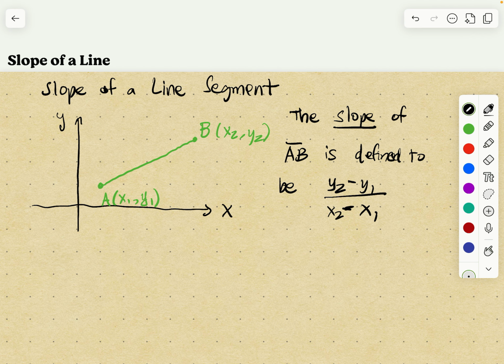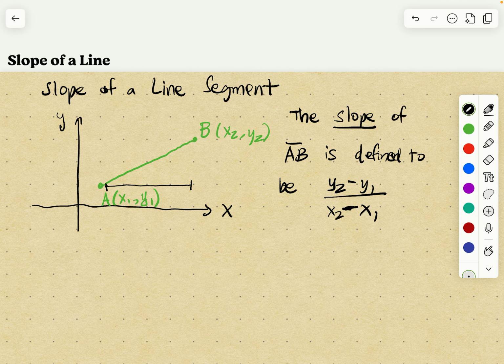Let's explain what each of these things are. Pretend that you're going from A to B. This length is how much x changed in going from A to B.